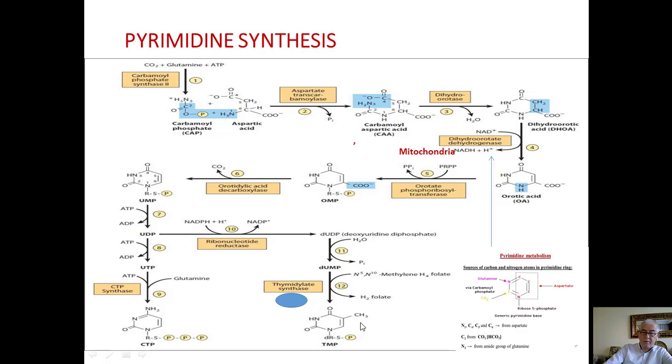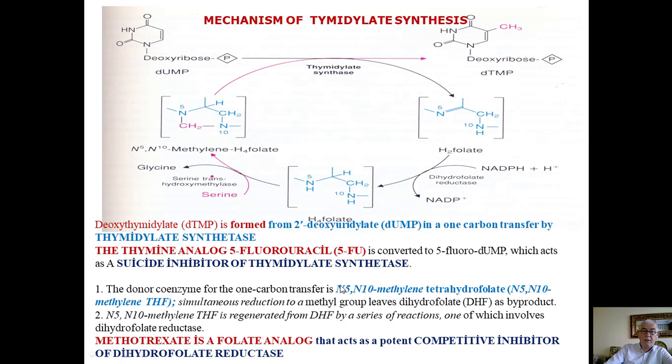There's only one difference: we add one extra methyl group to the ring system of uridine and obtain the thymine nucleotide. It is one of the key enzymes in pyrimidine metabolism.